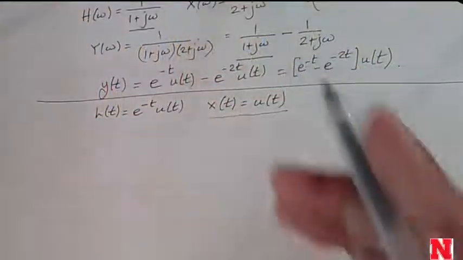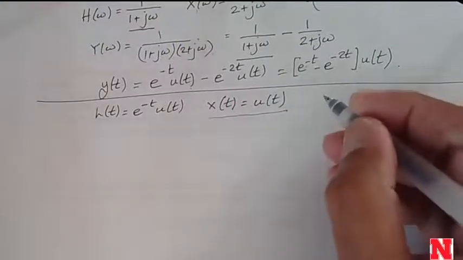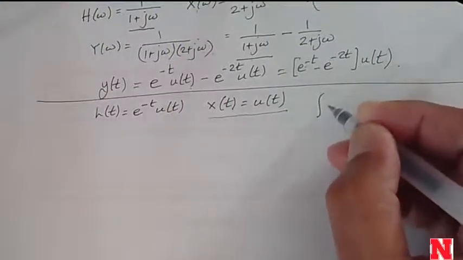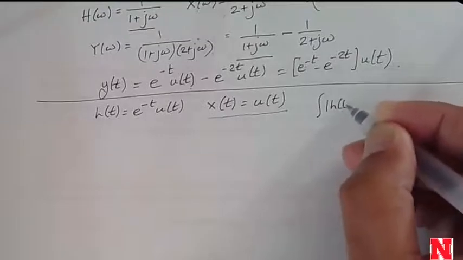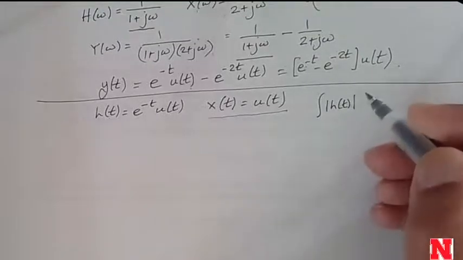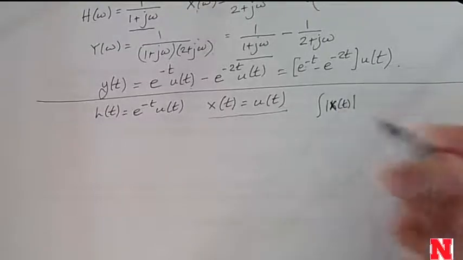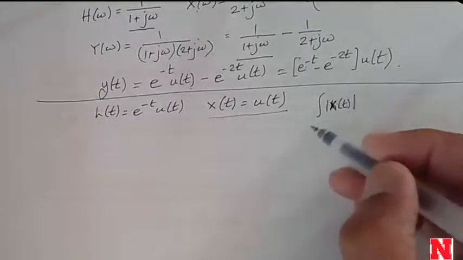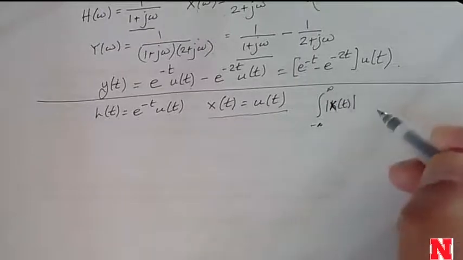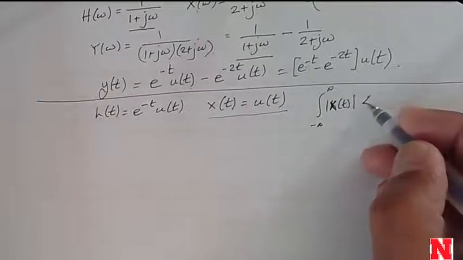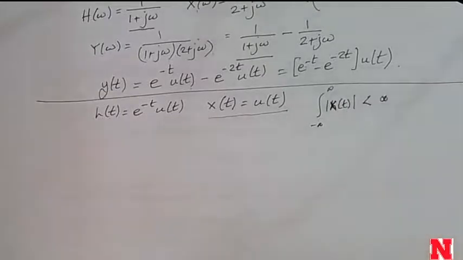Okay, but we have a slight problem here, and I want to go through that and show you what the problem is and what the solution is. If you remember the Dirichlet conditions, which are the conditions required for the Fourier integral to exist, the first Dirichlet condition was that if I have some x of t, then the integral from minus infinity to infinity of the absolute value of x of t has to be less than infinity, has to be finite.